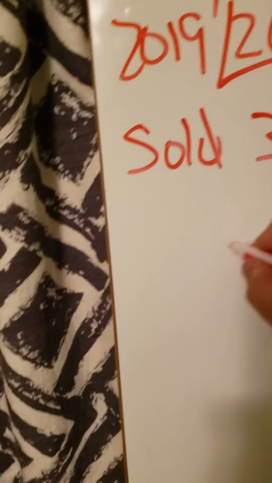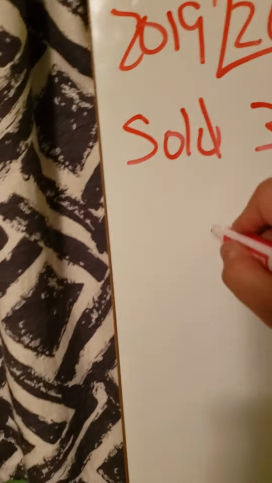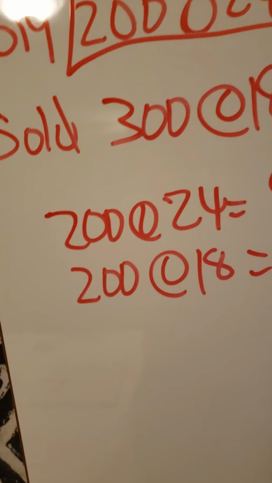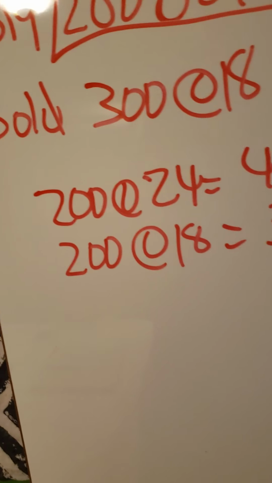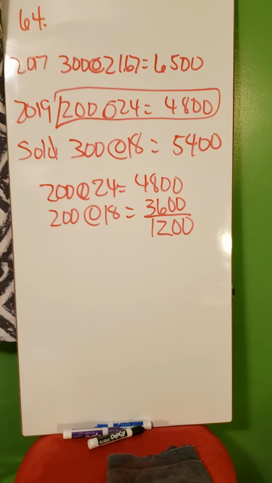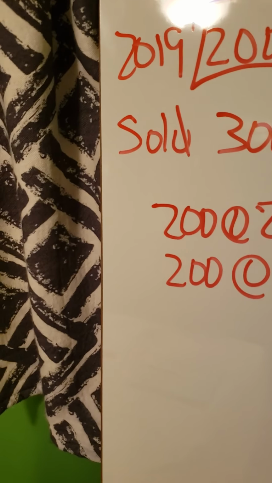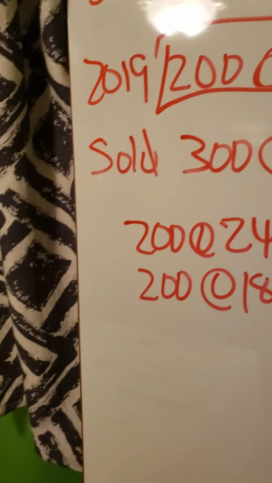So I'm going to take these wash sale shares, this 200 at 24 for $4,800, and 200 at 18, which is $3,600, to produce a loss of $1,200. Now this loss is non-deductible, gets added to the other shares that I own. Okay, everybody following me so far?